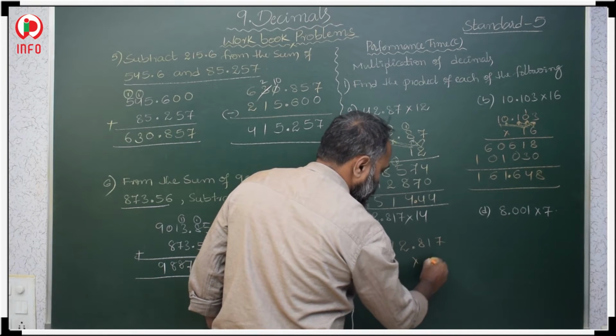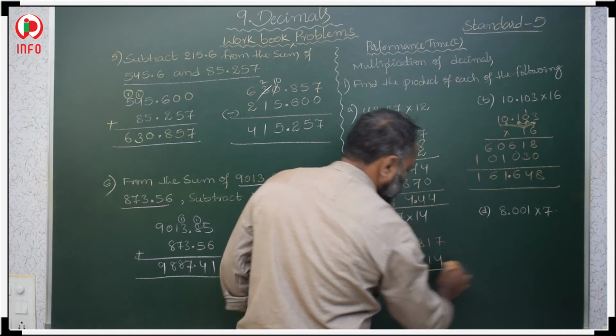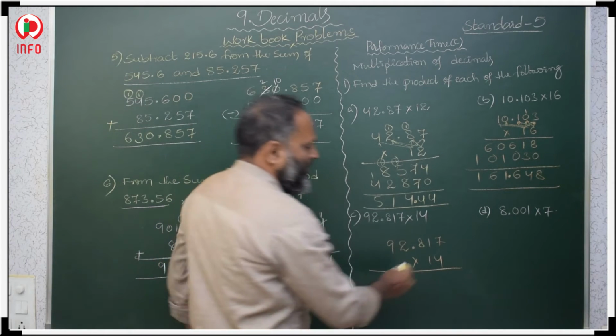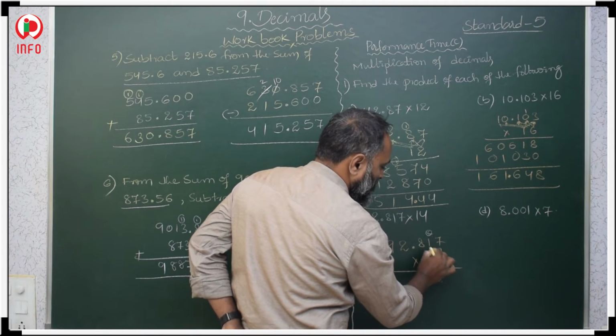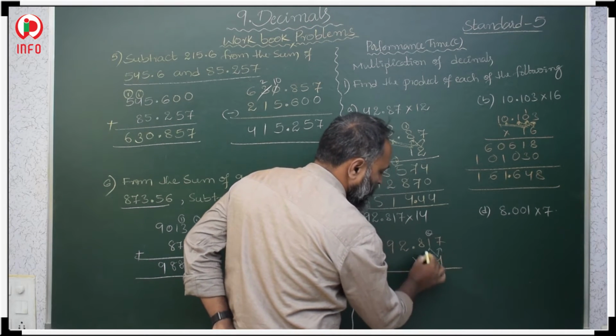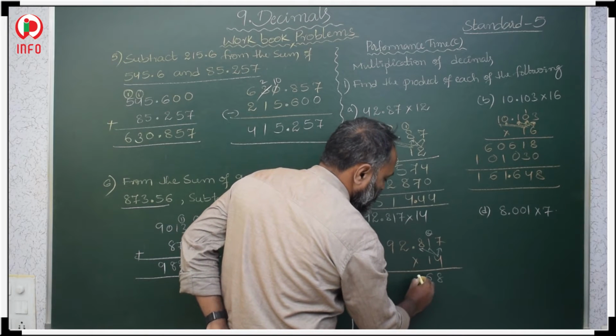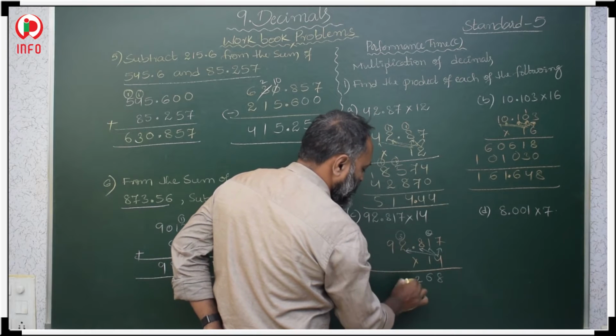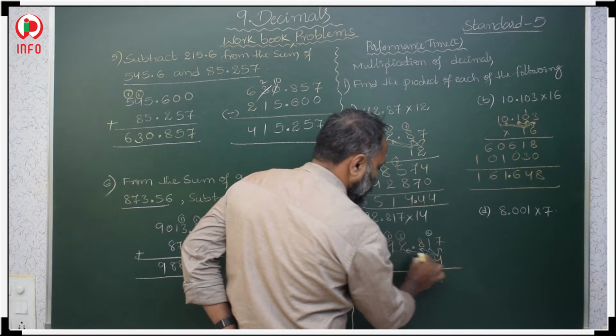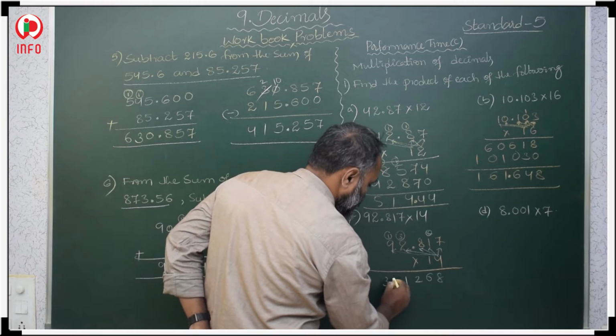Now, 92.817 multiplied by 14. First multiply with 4: 4 7s are 28, 2; 4 1s are 4, 5, 6; 4 8s are 32 and 3; 4 2s are 8, 9, 10, 11, 1; 4 9s are 36, 37.